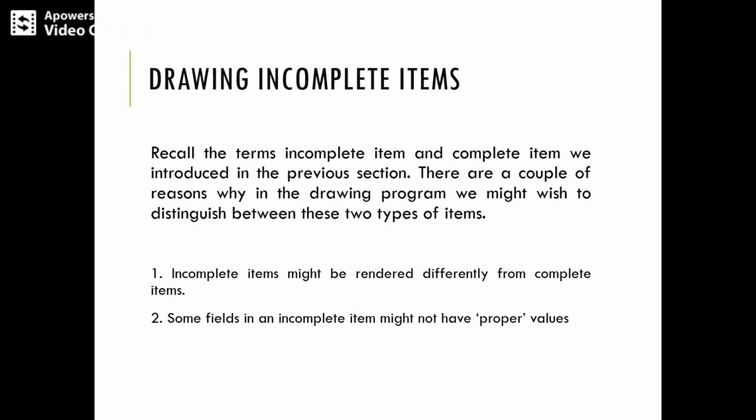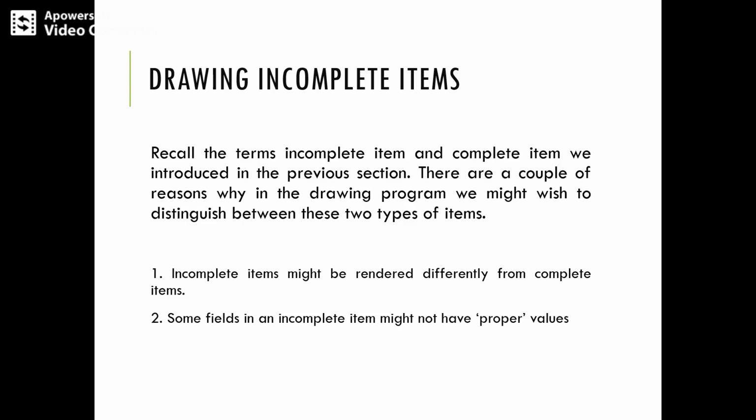Now the second point: some field in an incomplete item might not have proper values. So this is also one of the reasons. Rendering an incomplete item could be more tricky.